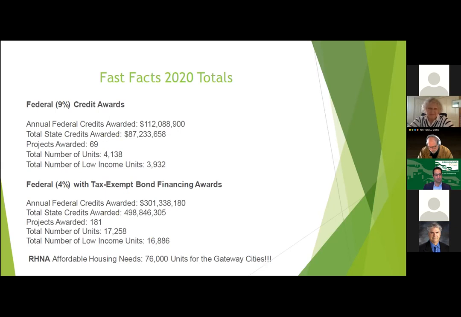And if you think about 20,000 units a year statewide, and then you think about we need about 500,000 housing units to meet the SCAG RHNA requirements, and we're 60% of the state, you can begin to think about the significant gap in the sources of funding versus the need we have.